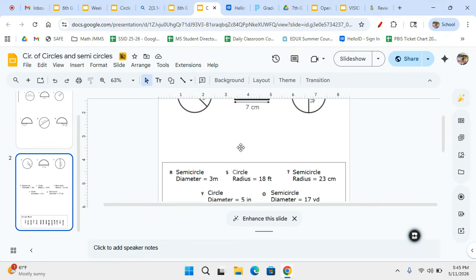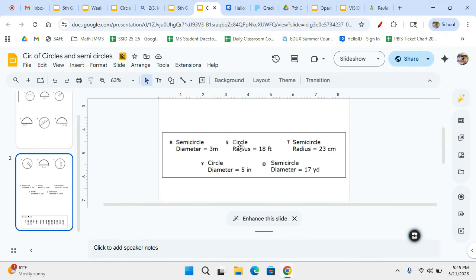These questions down here, for these, they don't give you a picture, but they are still questions that you need to answer. It's telling you that it is a semicircle, and it's telling you that the diameter is 3. So it gives you all the information you need. You know this is a semicircle, so you need to look at those formulas, and it gives you the diameter, so you need to get the formula for a semicircle when given the diameter, and you'll find this perimeter.